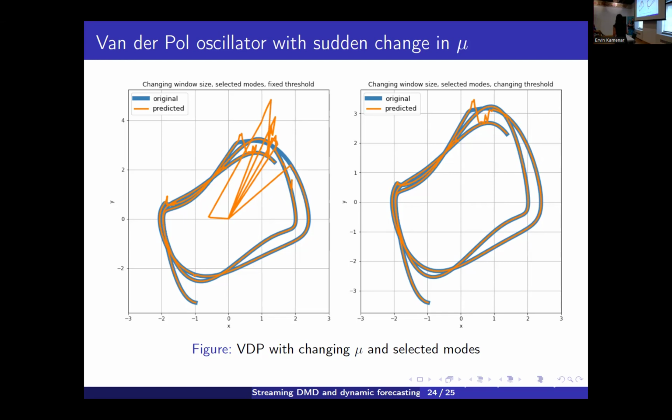If we had a changing window size and selected modes, but had a fixed threshold for which modes I cut off, it was not doing very well, because when I cut off the amount of snapshots that I have, probably my errors will automatically be larger. So instead, when we used an adaptive threshold that changes when the data is cut short, it performed better. So this is fewer modes and an adaptive threshold on which modes I take, and it works well, with the changing window size and everything.